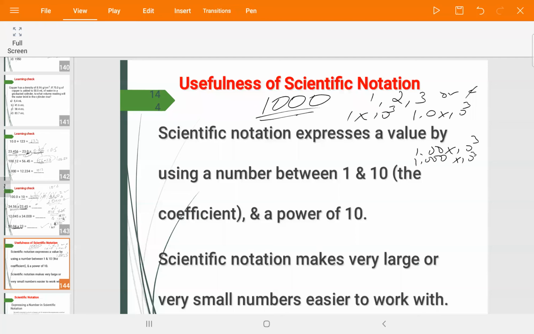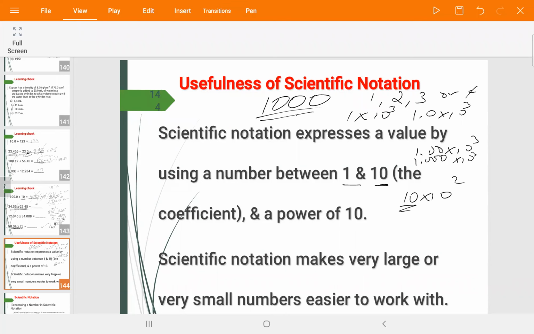So as a rule of thumb, remember when you express a number in scientific notation, the number should be between 1 and 10. For example, I cannot write 10 times 10 to the power of 2, because this number has to be between 1 and 10.